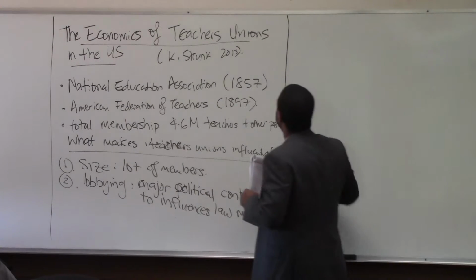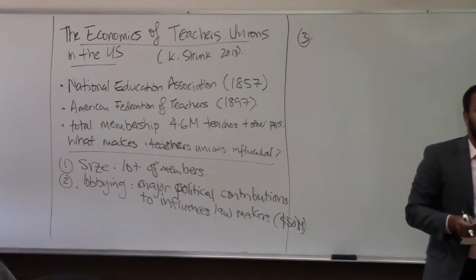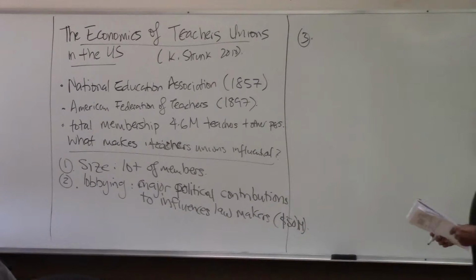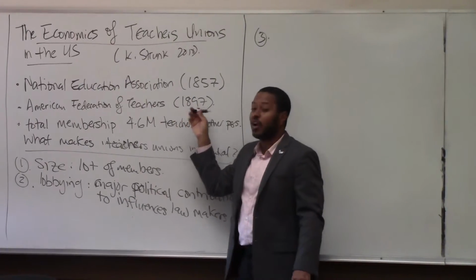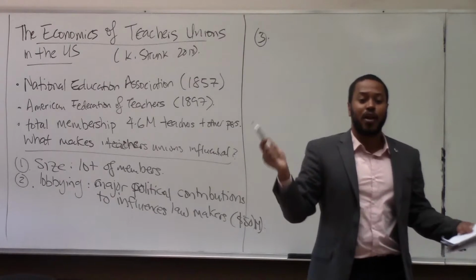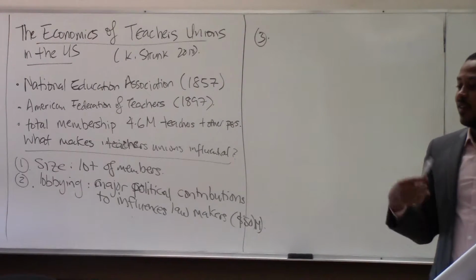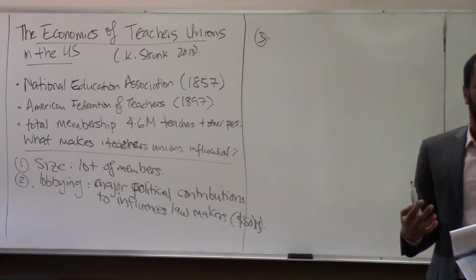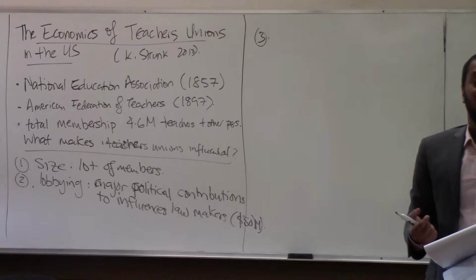What's a third feature of unions? So we have the American Federation of Teachers starting out first as a union of Chicago teachers, and then it spreads. So what do we call that? They're everywhere, right?